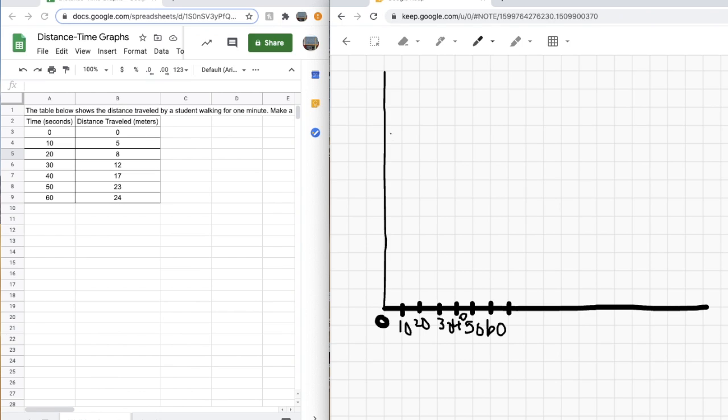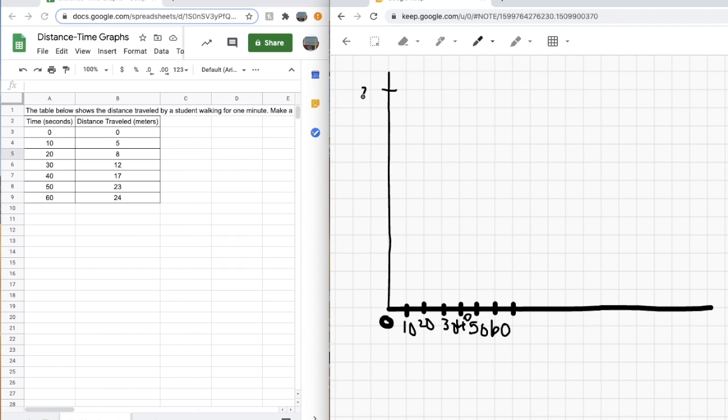It's fine if you do it that way, like it's proper. I just don't like the way it looks. 24. And I'm just not even going to put the numbers in here. We're just going to know that 2, 4, 6, 8, 10, 12, 14, 16, 18, 20, 22. And I'll put the 2 there just so we know that it goes up by 2s.